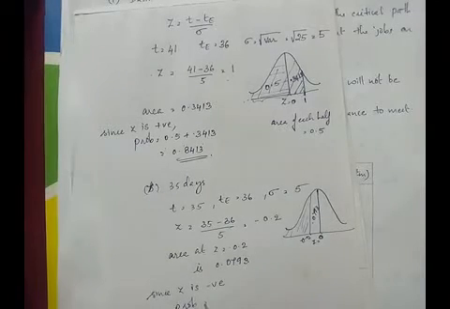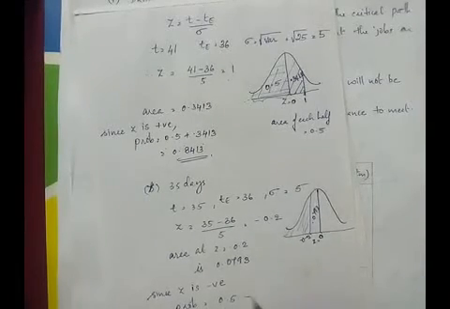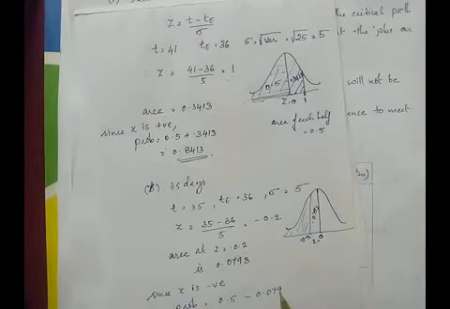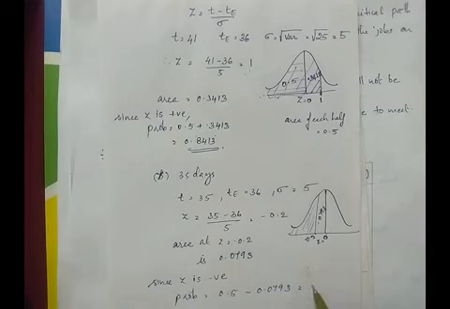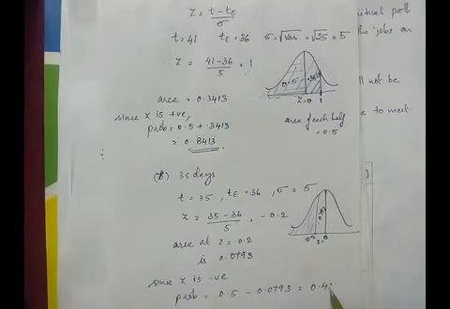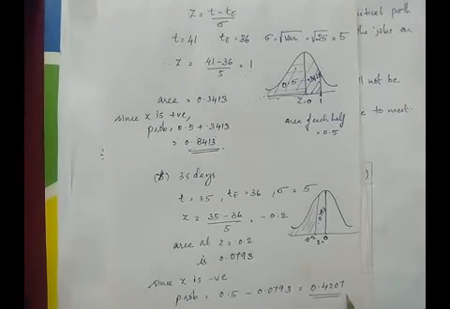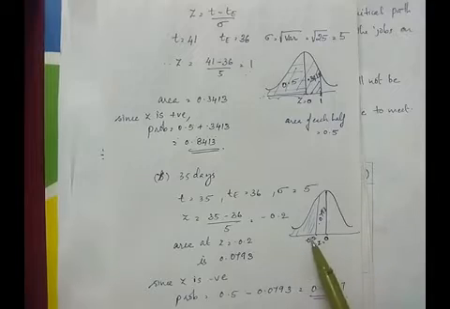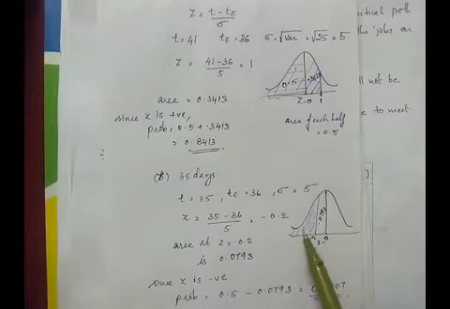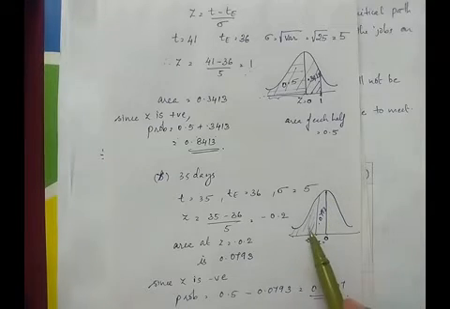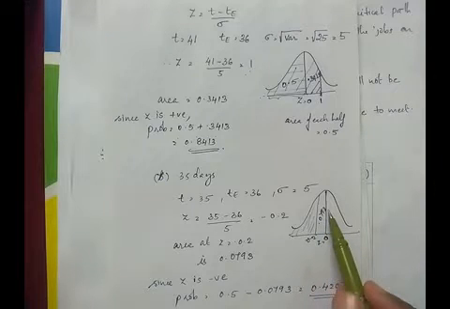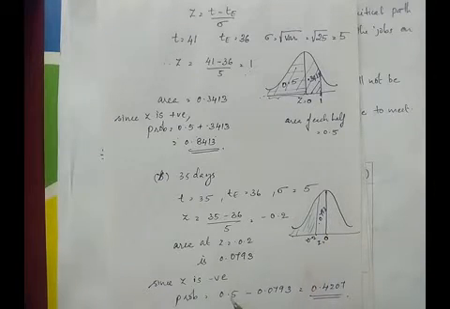Now, since Z is negative, the probability will be 0.5 minus 0.0793, which is 0.4207. Looking at the figure, since we want the area in the shaded portion and we know that each half is 0.5, we have to subtract 0.0793 from 0.5.